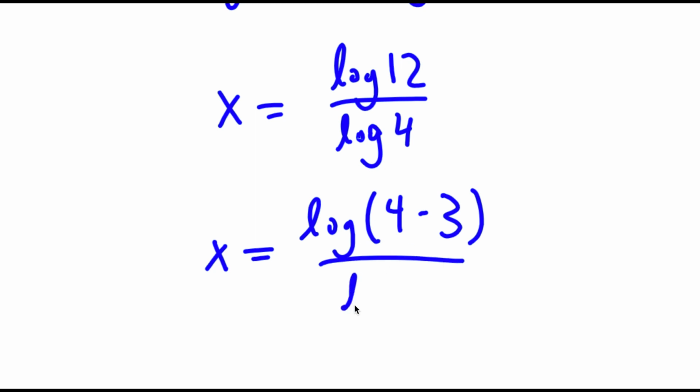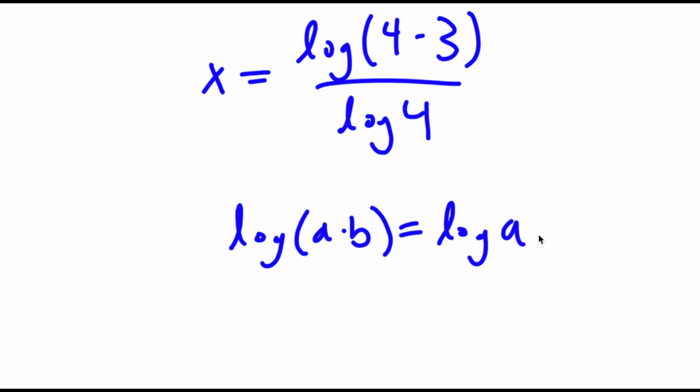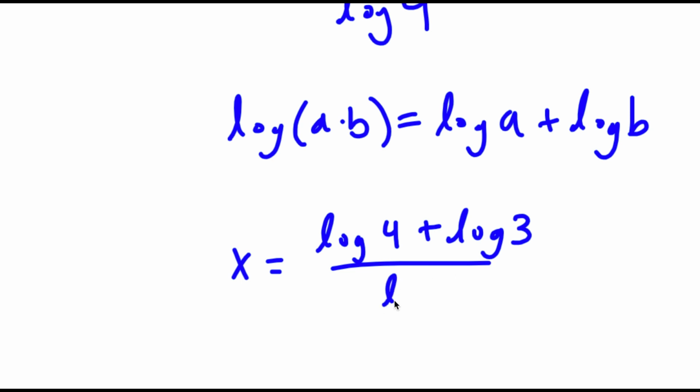Now I have this over log 4. And if I have something in the form log of a times b, this is equal to log a plus log b. So log of 4 times 3, that's going to equal log 4 plus log 3 over log 4.